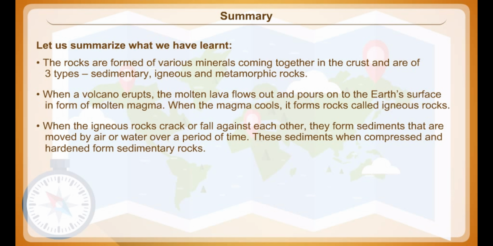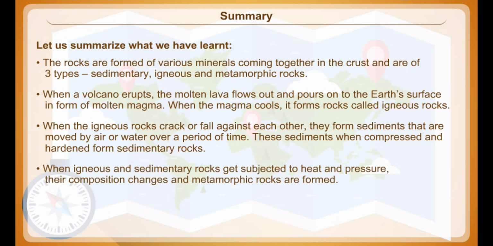When the igneous rocks crack or fall against each other, they form sediments that are moved by air or water over a period of time. These sediments, when compressed and hardened, form sedimentary rocks. When igneous and sedimentary rocks get subjected to heat and pressure, their composition changes and metamorphic rocks are formed.